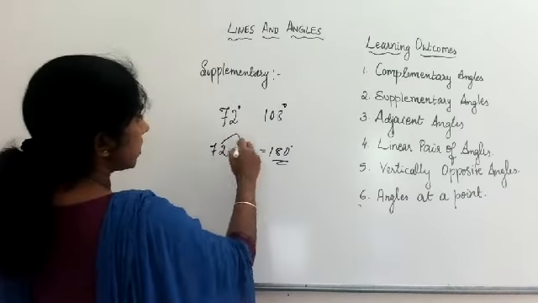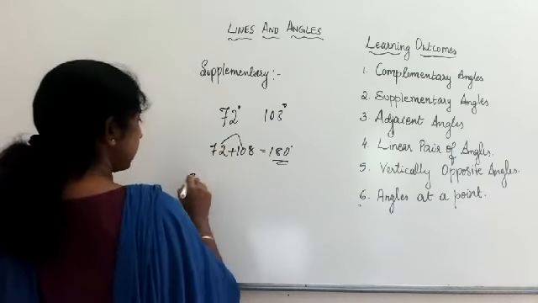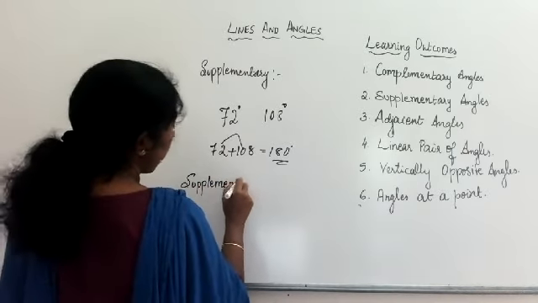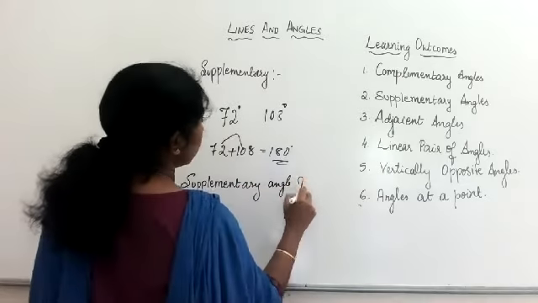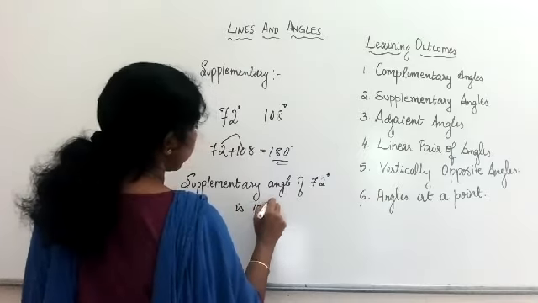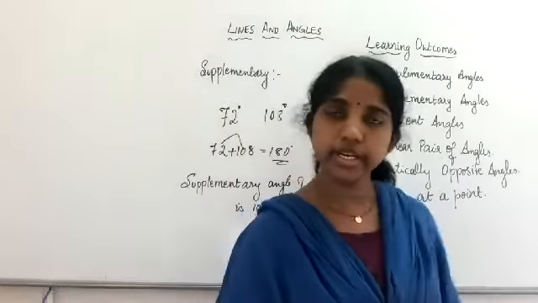So now these two angles are supplementary angles, which add up to 180 degree. Therefore, the supplementary angle of 72 degree is 108 degree, or the supplementary angle of 108 degree is 72 degree.